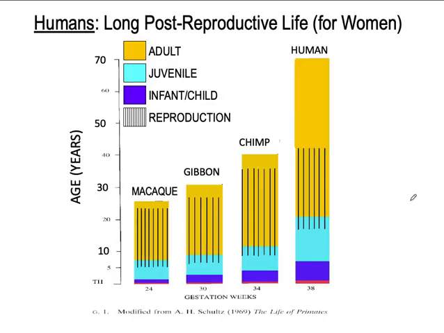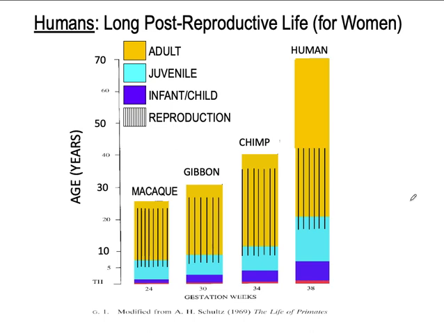Okay. So again, humans have this long lifespan that's dramatically longer than we see in our ape relatives. And in particular, women have a very long post-reproductive life. And so this is fairly rare in other animals. And so what might be the evolutionary cost of a long post-reproductive lifespan?